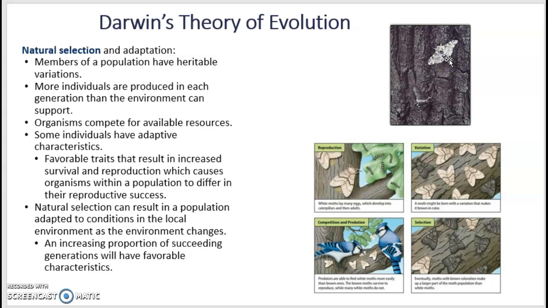However, after the Industrial Revolution, there was a lot of pollution, and it actually turned the light-colored bark of these trees much, much darker. And then suddenly, these darker moths were the ones that had the favorable trait and were able to reproduce and produce offspring. So we actually saw evolution taking place when we look at these peppered moths and how their populations changed after the Industrial Revolution.